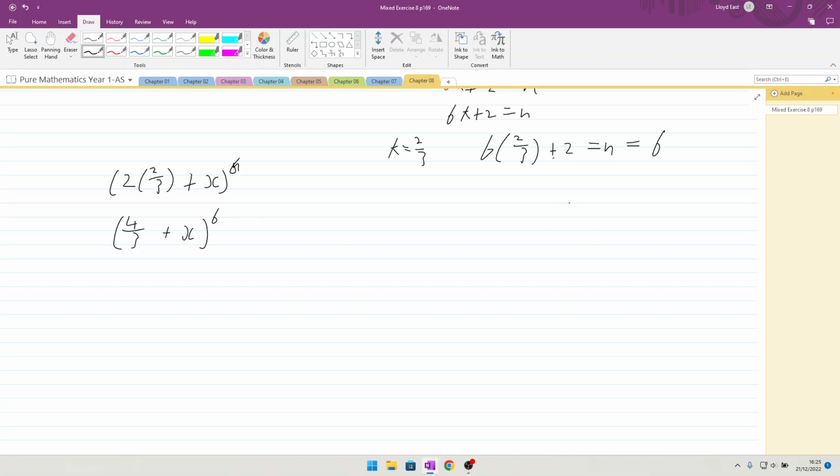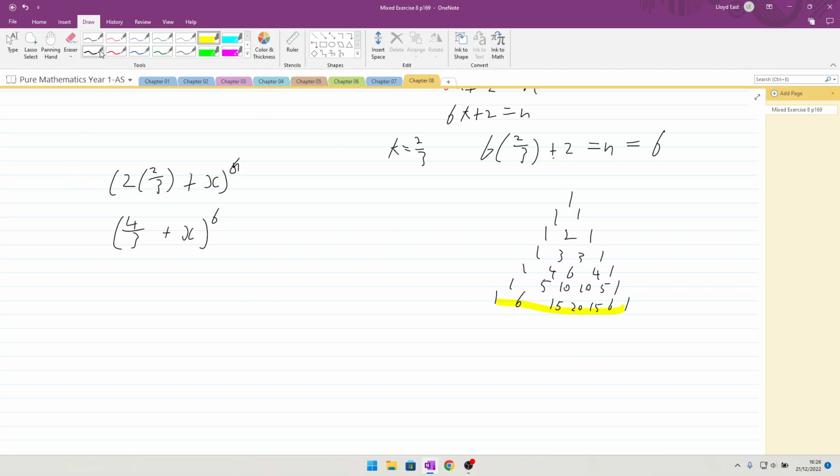and they want us to do the whole binomial expansion up to the powers of x to the power of 3. Okay, so 1, 3, 3, 1, 1, 4, 6, 4, 1, 1, 5, 10, 10, 5, 1, 1, 6, 15, 20, 15, 6, and 1. So that's the line we want.